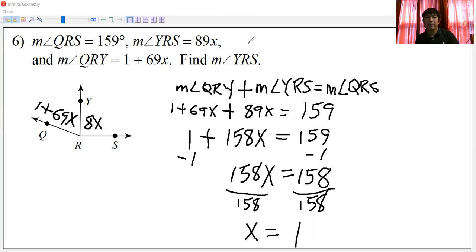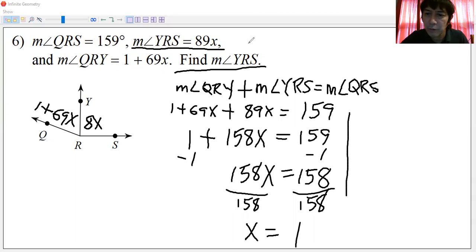There. And so we have the value of x, and we need to compute now the required. We have here find YRS, and that's 89x. Okay, it's over here. YRS equals 89x. So to compute this, we have a simple equation, a measure of YRS is equal to 89x.